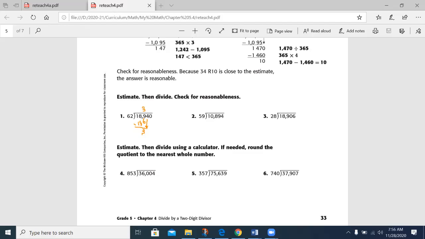3 was less than 62, so I bring down the 4. 62 will not go into 34. It's too big. So I put a 0 up here. Anytime you multiply 0 by anything, it's going to give you a 0. So I have 34, and I bring down another 0.